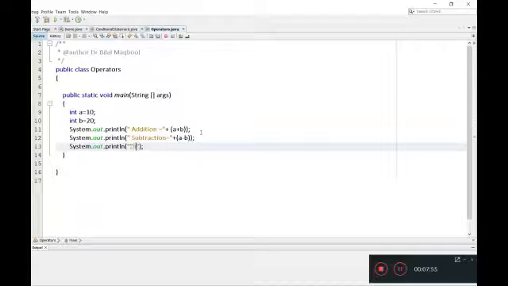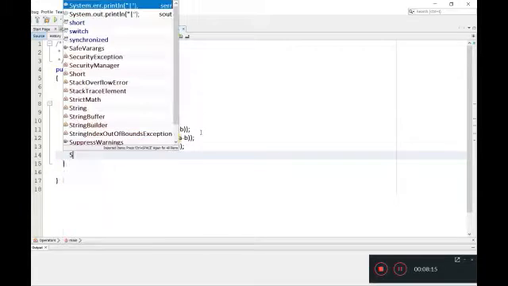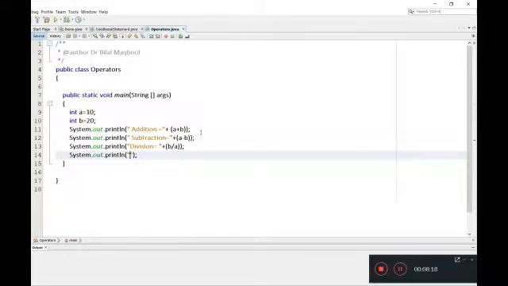System.out.println division equal to b divided by a. Then System.out.println modulus equal to b percent 2.